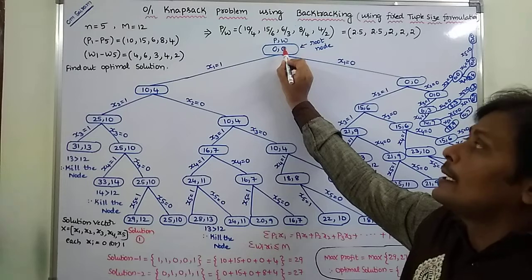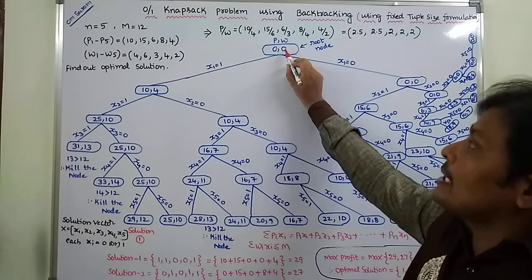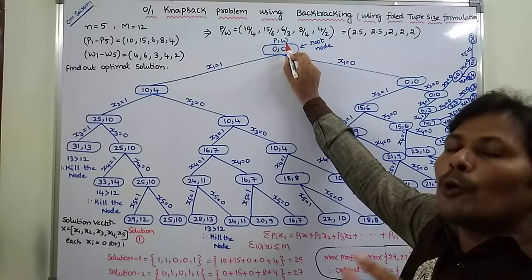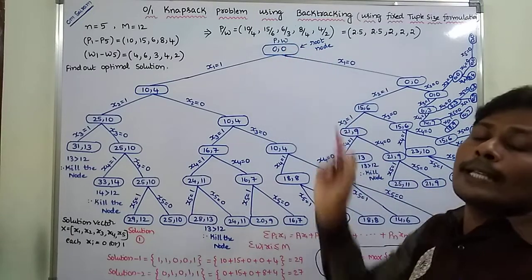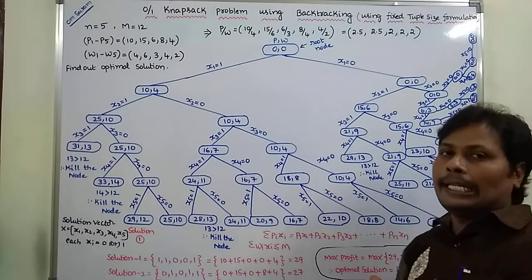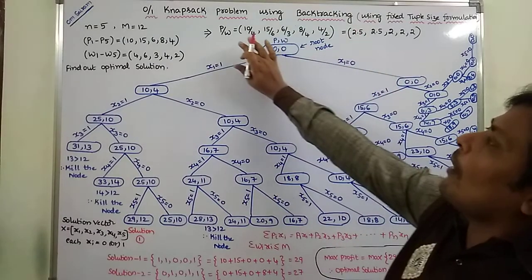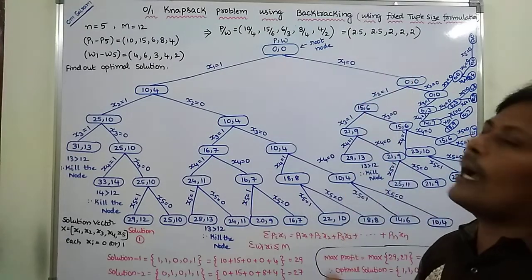So here the first 0 represents the profit value, the second 0 represents the weight value. That means no objects are placed into the knapsack initially. Okay, now among all the P by W ratio values, which P by W ratio is the highest?